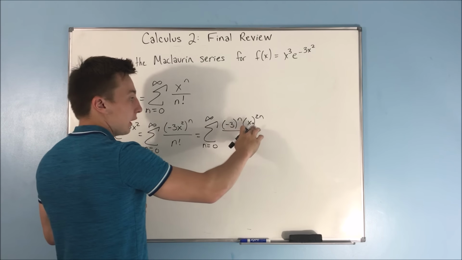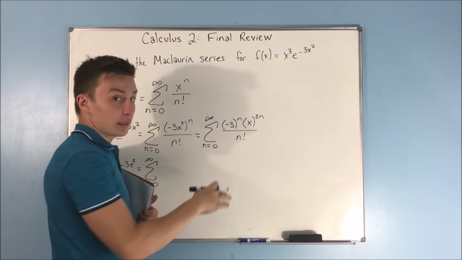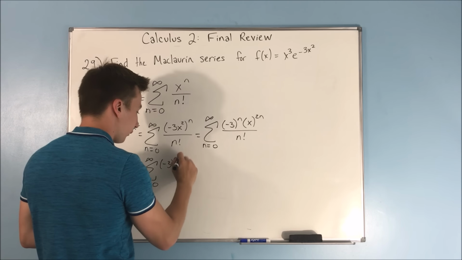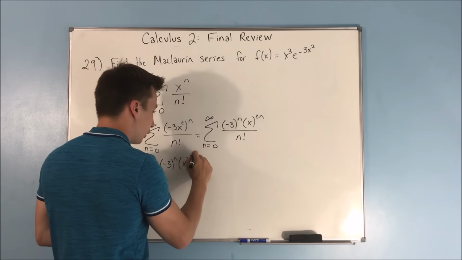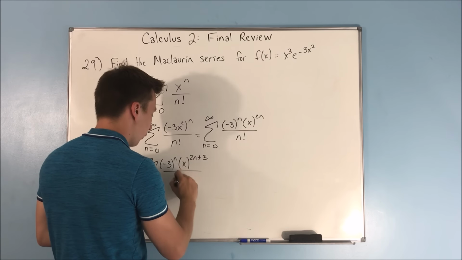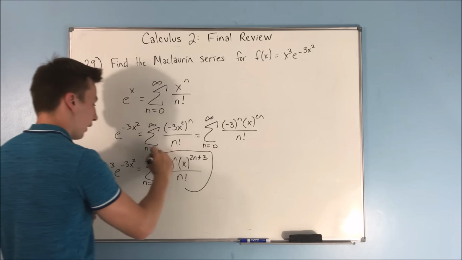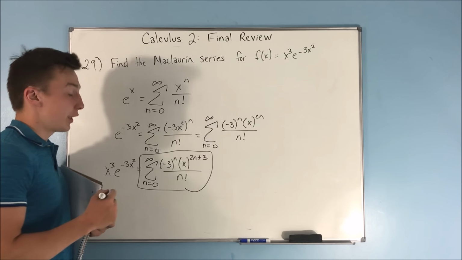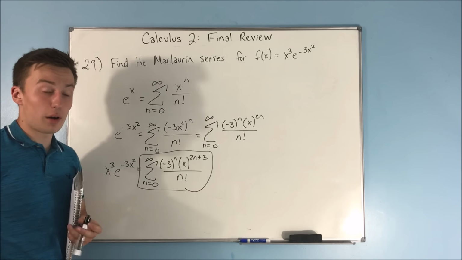But if we multiply it here, we add the exponents, and we get 2n plus 3. So we just have negative 3 to the n times x to the 2n plus 3, over n factorial. And right there, you have your Maclaurin series representing x cubed times e to the negative 3x squared.